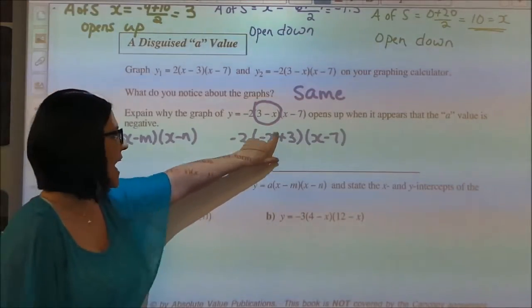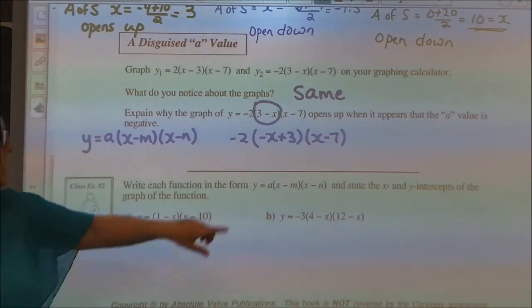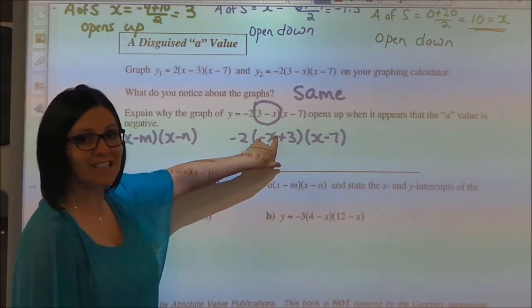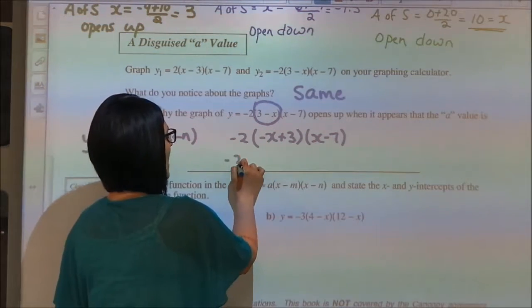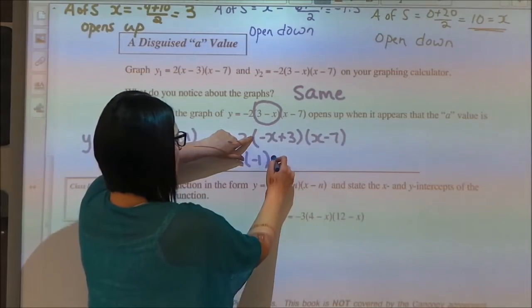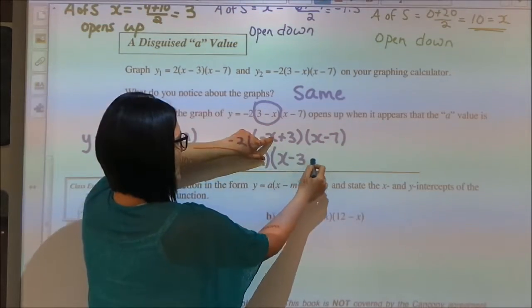But we don't have a negative x value. In our equation, it's supposed to be a positive x. So to fix this negative x problem, I'm going to factor out a negative 1. If I take out a negative 1, I get a positive x. Take out a negative 1, I get a negative 3.